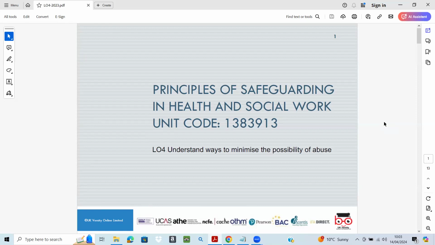Why is risk assessment crucial in minimizing abuse? Risk assessment helps identify potential areas where abuse could occur, allowing for intervention to be put in place before any harm happens. By proactively identifying risks, we can implement measures to mitigate them.